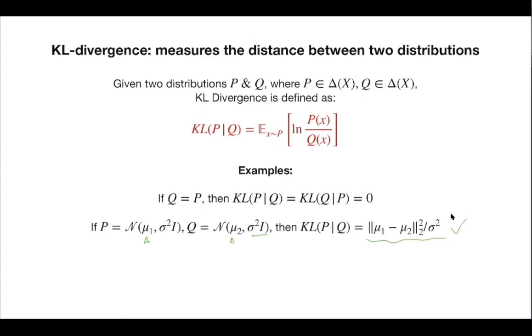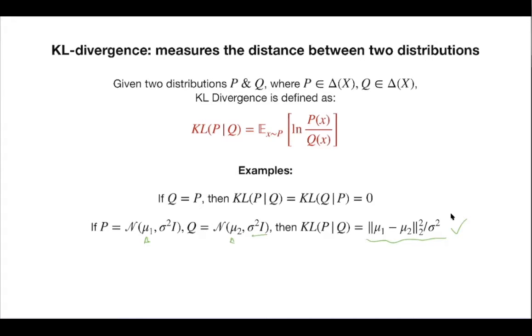It says that the KL divergence between two Gaussian distributions with the same covariance matrix is the square of the L2 norm of the difference between the two means, properly scaled by the variance, sigma squared. If the two distributions are close to each other in terms of their means, then this KL divergence is small. If the two distributions are really far away from each other, the KL divergence is big.